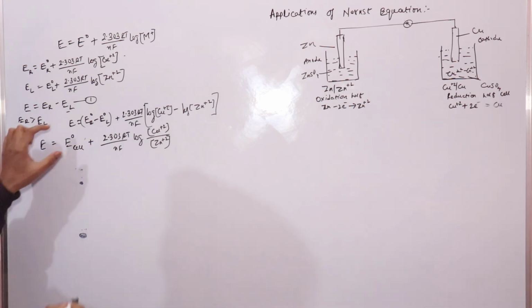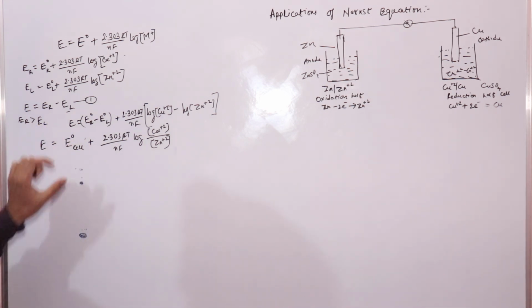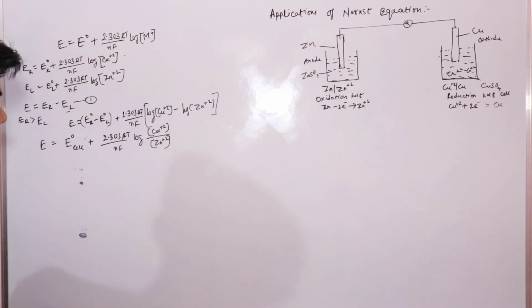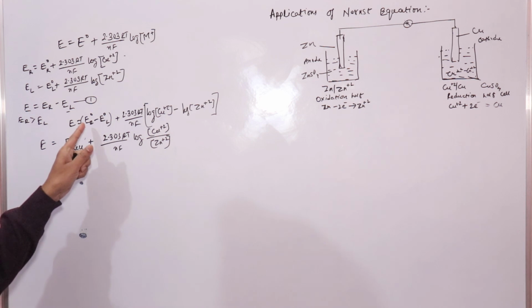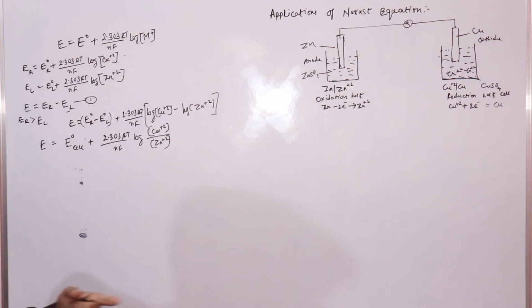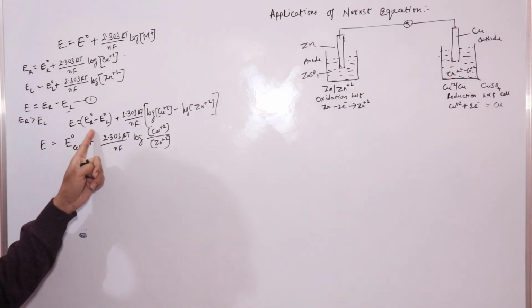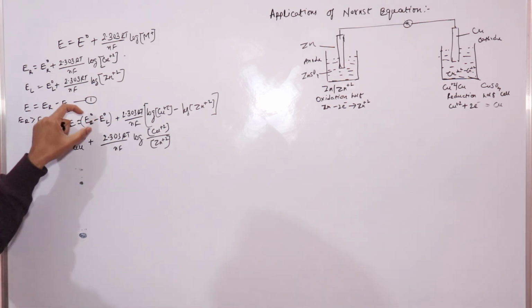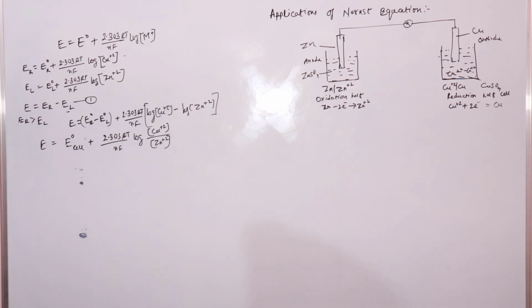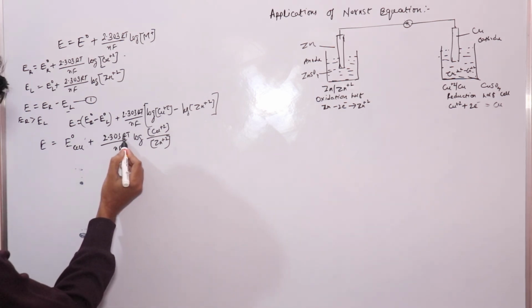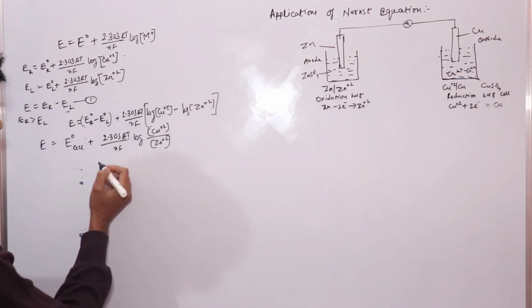This is the EMF of the cell, right? Standard EMF of the cell, I'm sorry, which you can calculate from the electrochemical series. The value of ER and EL can be taken from the electrochemical series, or in most cases, if you get numericals, the values of these two standard reduction potentials are given. R is the gas constant, T is temperature, N is the number of electrons.